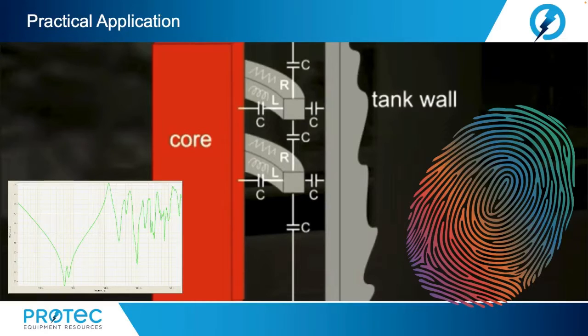Several examples of internal winding movement and related failures being detected by SFRA are available where diagnosis was made without use of reference results. The most reliable application of the test is the time-based comparison, where curves are compared over time on measurements from the same transformer.